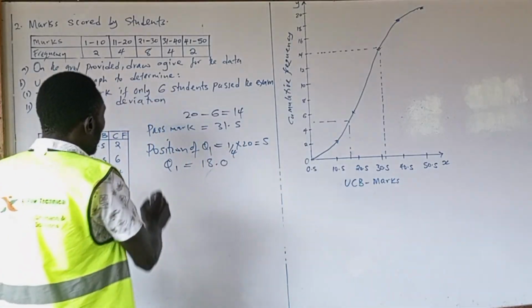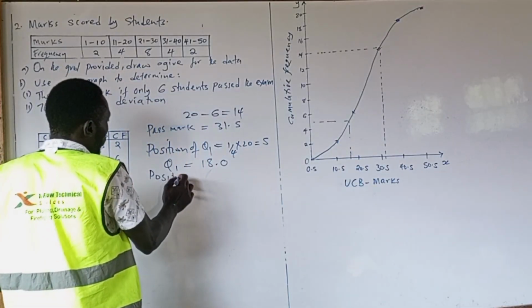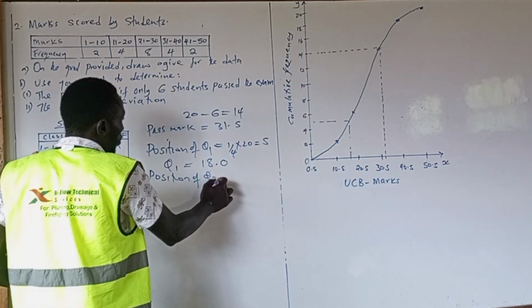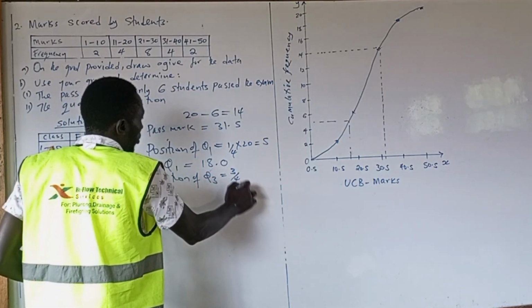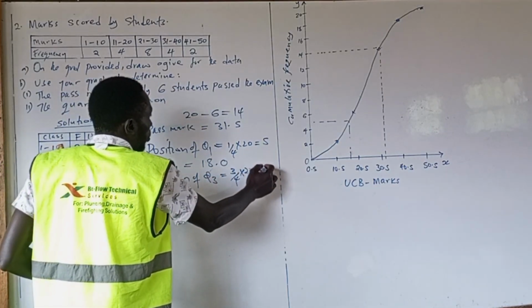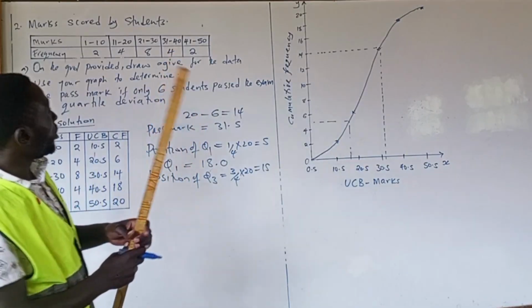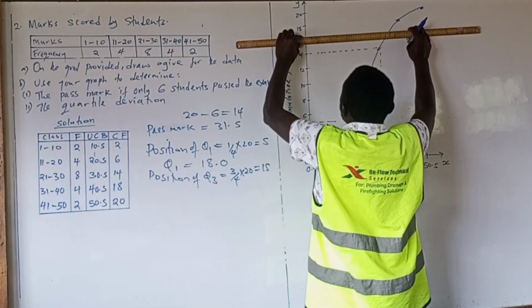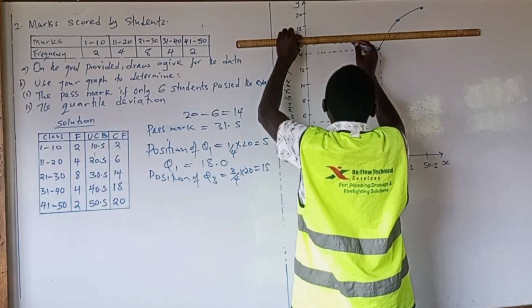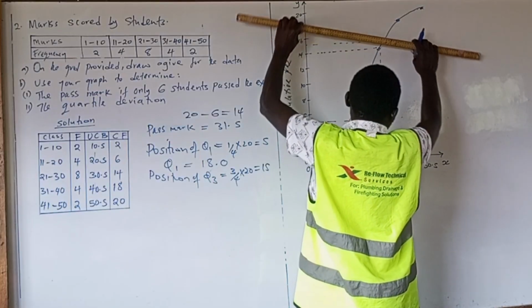Then you go to the position of Q3. Q3 is 3 over 4 times 20, which is 15. You go to where 15 is, and go up to where the graph is.